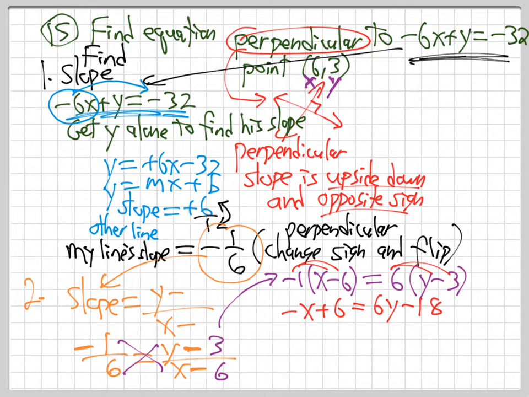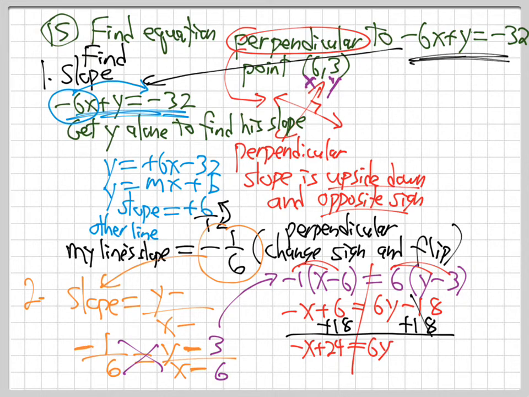Let's just get y alone. So what do we do to get y alone? Very end, right? We always get y alone at the very end. Not always, but often get y alone at the very end. Add the 18. Gonzo. 6y is what? Minus x plus 24.